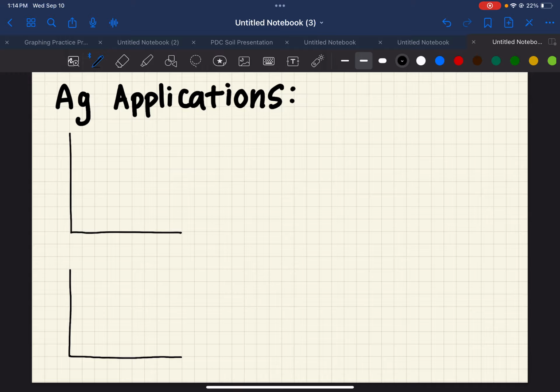So let's say that we are a farm, and as the farmer, in one day we have 6 hours to spend on 2 different tasks that need to be done. We could spend that time planting.